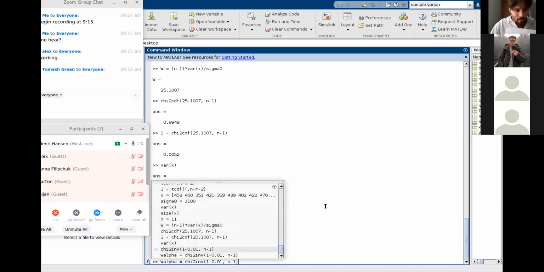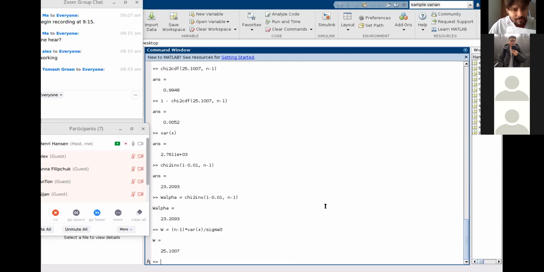And I now look at the W, my test statistic, and my test statistic is greater than this. So it's somewhere in here. So I conclude that the null hypothesis is wrong. I reject the null hypothesis because this was a value far greater than this critical value that I determined.